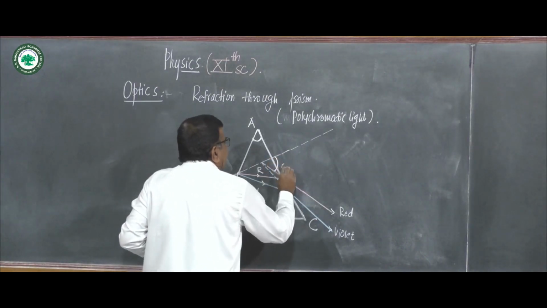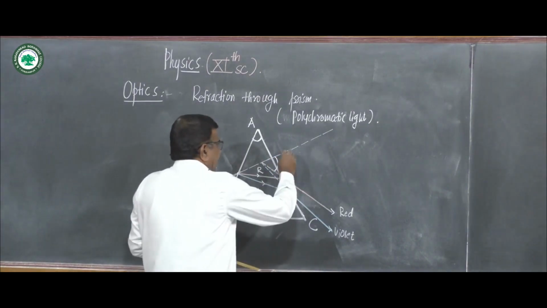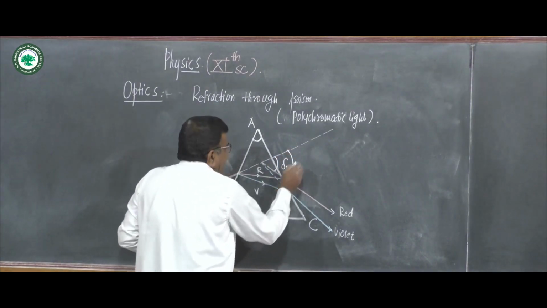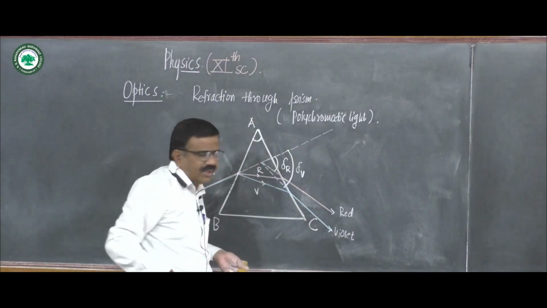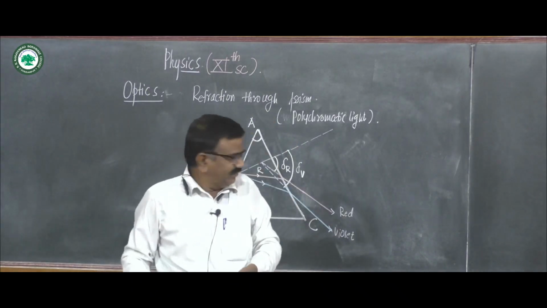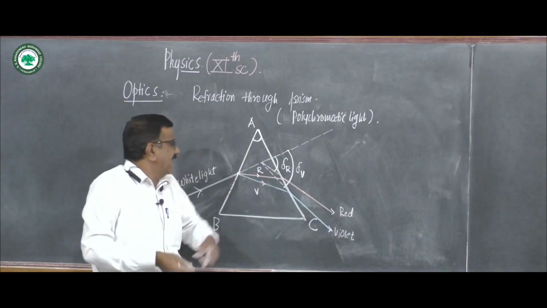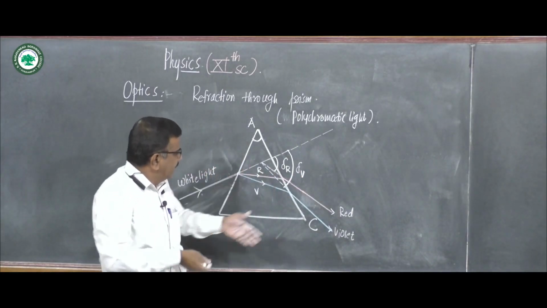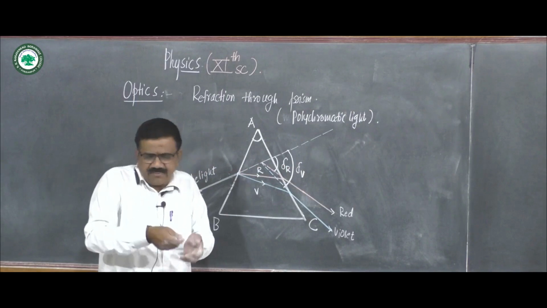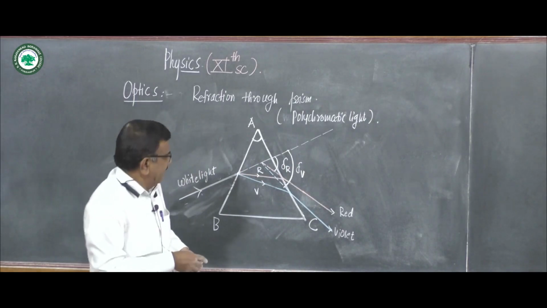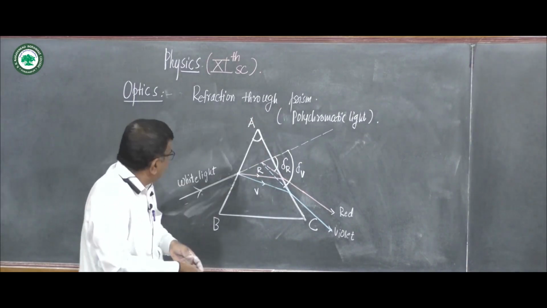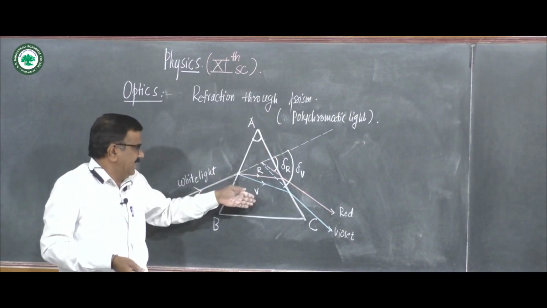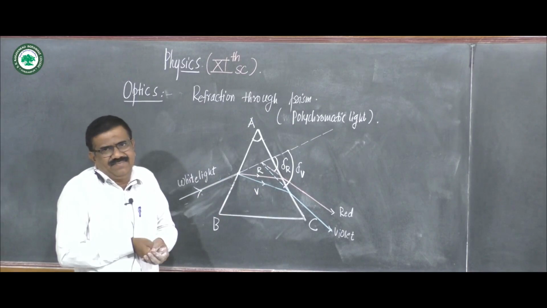This is delta R, angle of deviation for the red color. This is delta V, that is the angle of deviation for violet color. Violet and red are the extreme colors. In between these two, there are 5 colors, and here the refraction of this polychromatic light through the prism we see here, it is dispersed.